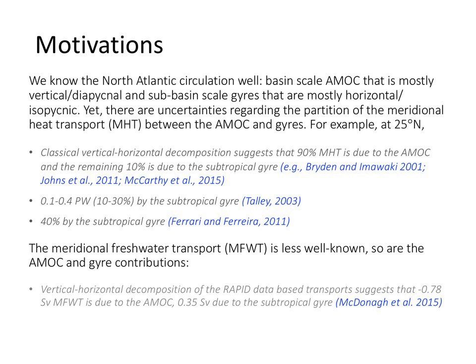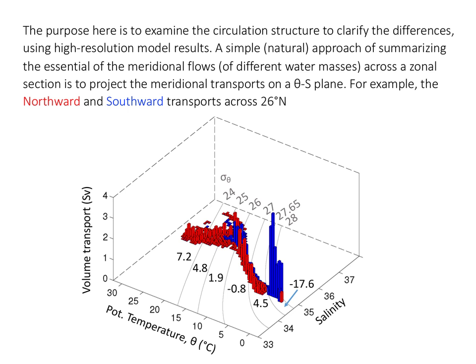So the purpose here is to examine the circulation structure to see if we can clarify the differences in the meridional heat transport contributions. We are going to use the results from a high-resolution regional model, which I will try to convince you is quite realistic in many ways.